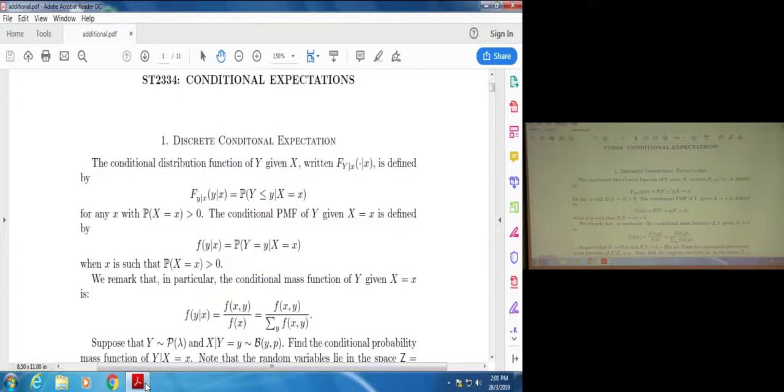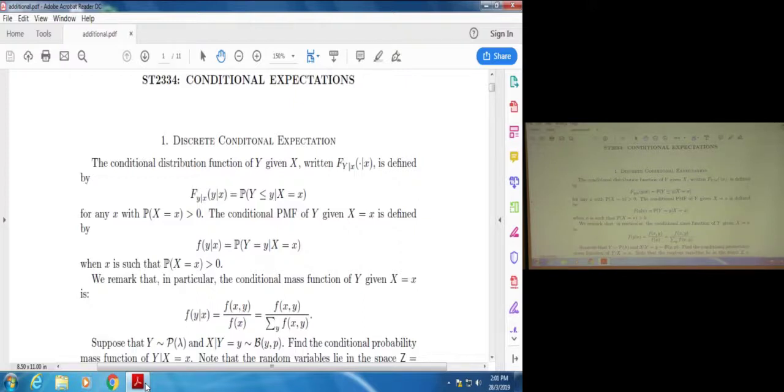Remember that capital F of xy, little f of xy, was the probability mass function representing the probability that the random variable x takes the value little x and the random variable y takes the value little y simultaneously. What we're going to study in this part of the extra notes is the notion of conditional probability mass functions of y given x.